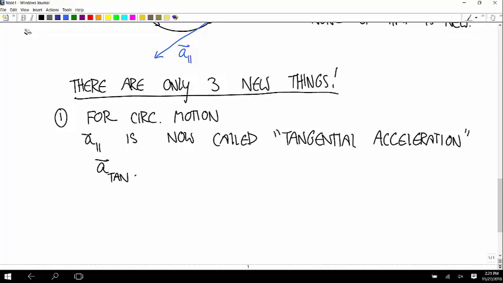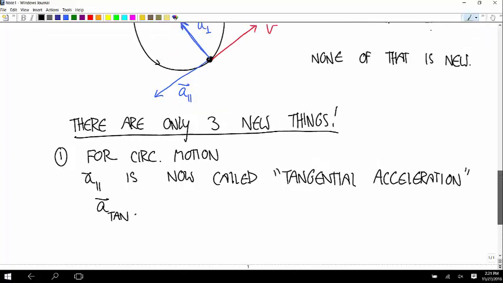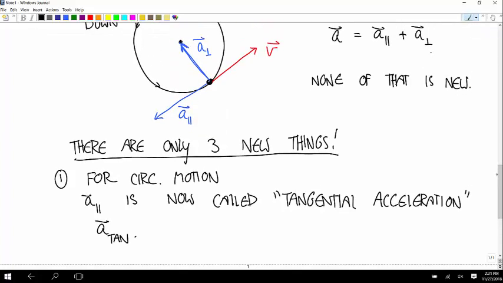And notice that would have been a reasonable name even for motion that isn't circular. To find a parallel, it's always tangent to the path the object's moving along, no matter what the shape of the path is. And so tangential acceleration, that's a great name, better name than a parallel.